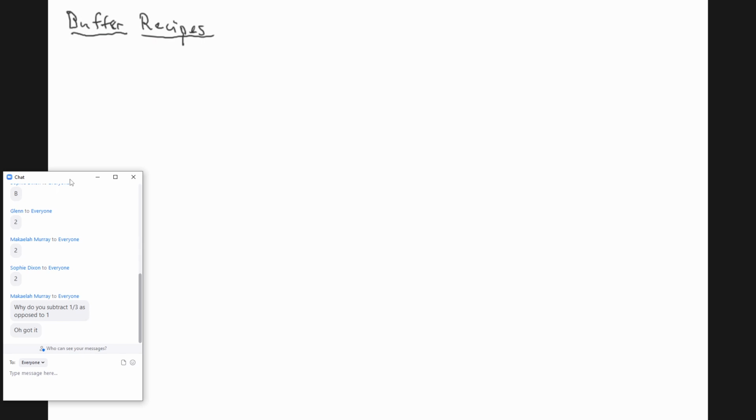This is for a perfect buffer solution. So this is equal concentrations of acid to equal concentrations of conjugate base, okay?